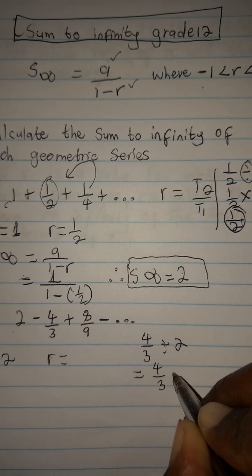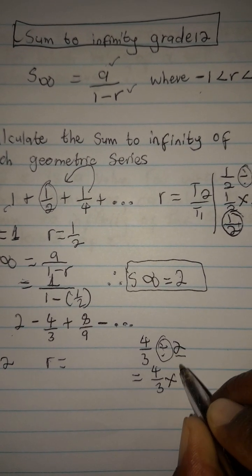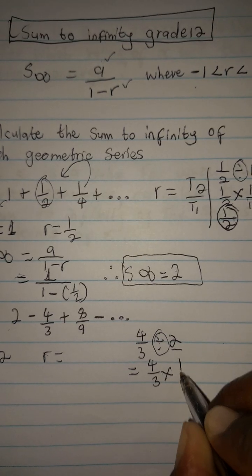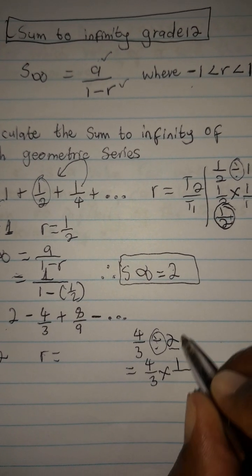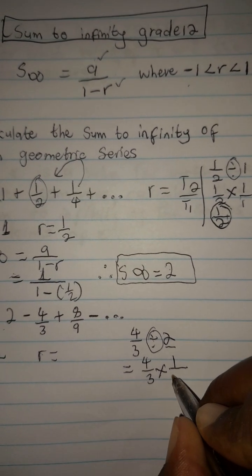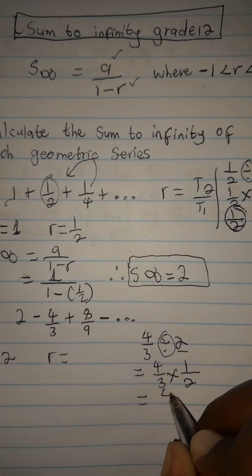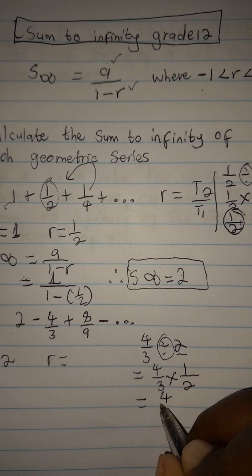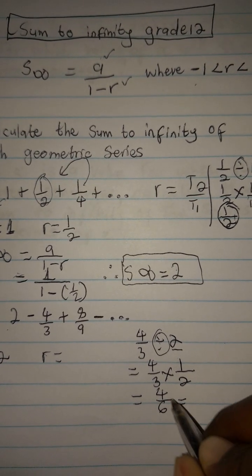4 over 3 inverse, that will be multiplication. Remember here, it's the same as having 2 all over 1. Where there is a numerator it will become a denominator, and what is a denominator becomes a numerator. So it's going to be half here. 4 times 1, that will be 4. 3 times 2, that will be 6. This can be simplified.